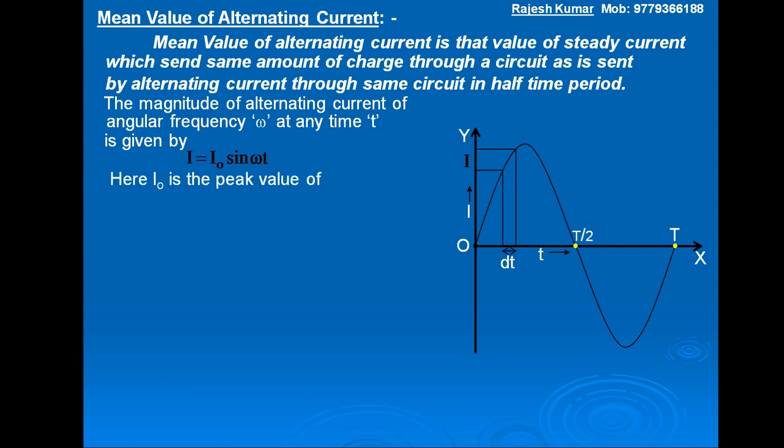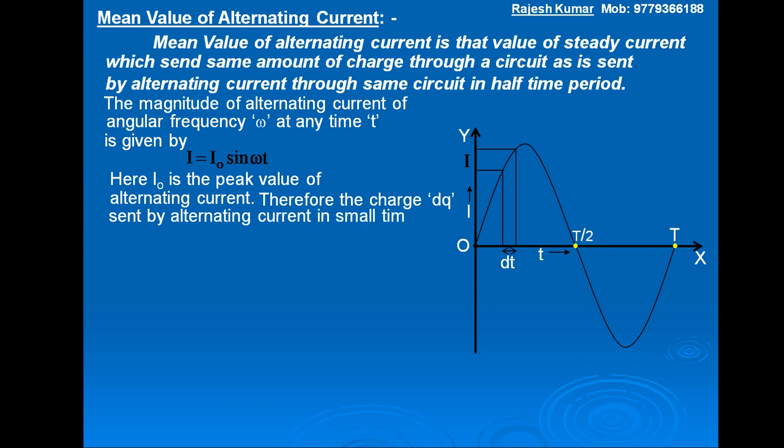Here I naught is the peak value of alternating current, and therefore the charge dq sent by alternating current in small time dt is given by, as shown in the diagram, this yellow area, which is equal to the charge sent by AC in time interval dt, and is given by dq is equal to I into dt.